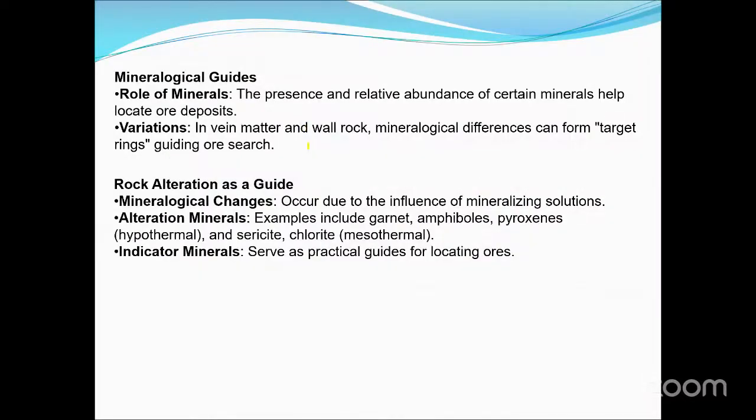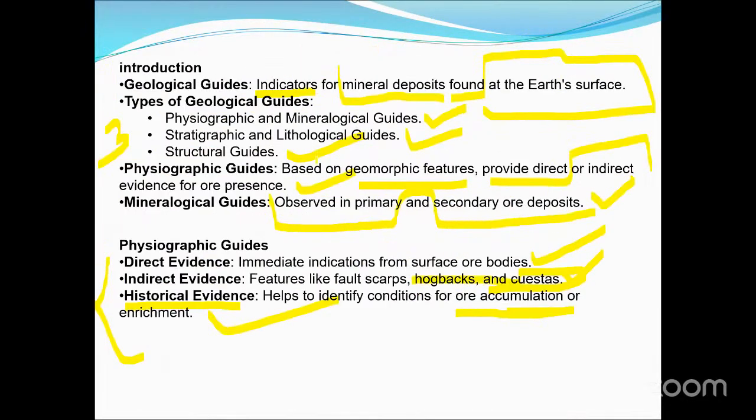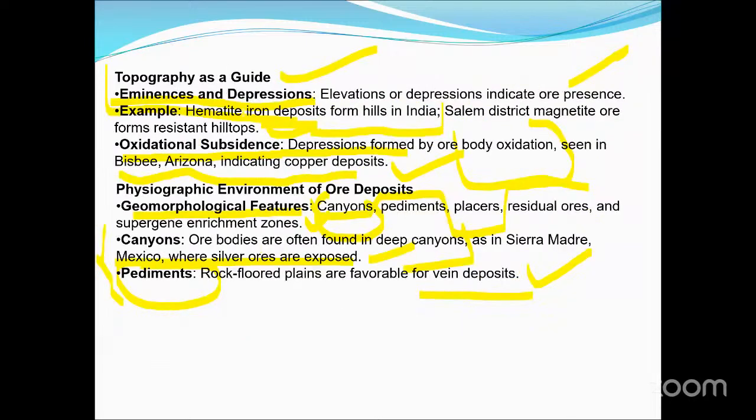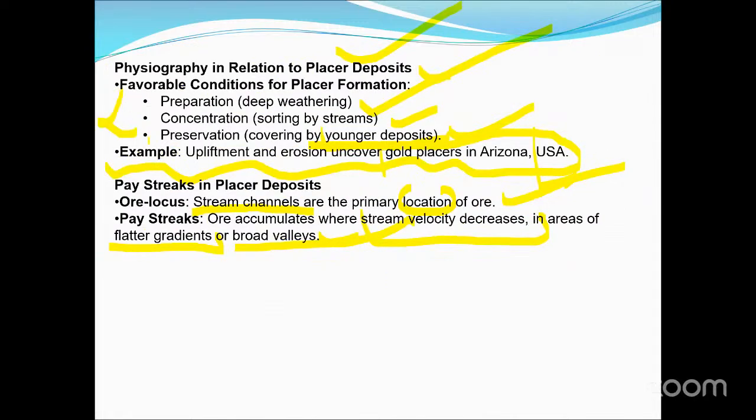And mineralogical guides. Till now we have discussed the geological guides. In geological guides, we have discussed the types: physiographic, stratigraphic, structural. In physiographic guides: direct, indirect, and historical evidences; topographic guides with examples, eminences and depressions; oxidation substances; physiographic environment of ore deposits; geomorphological features such as canyons, pediments, placer deposits and the different types of placer deposits.